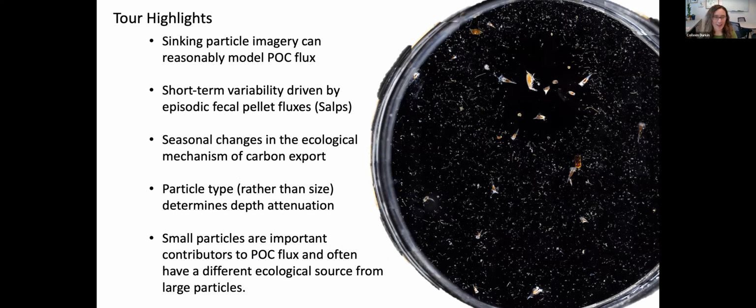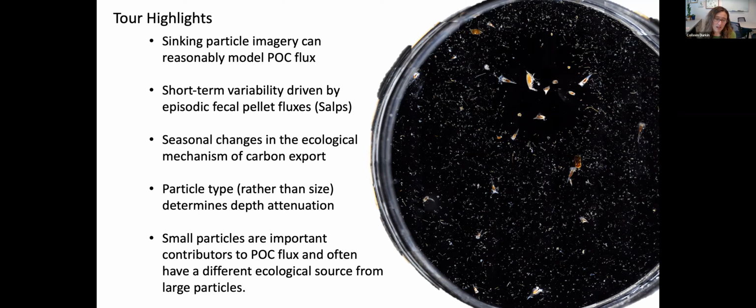And the highlights are that imaging particles can reasonably model POC flux. We saw short-term variability that was driven by episodic fecal pellet fluxes. We also saw evidence of seasonal changes in the ecological mechanisms of carbon export.